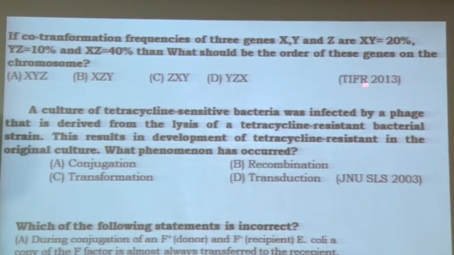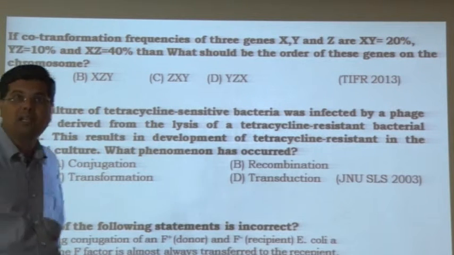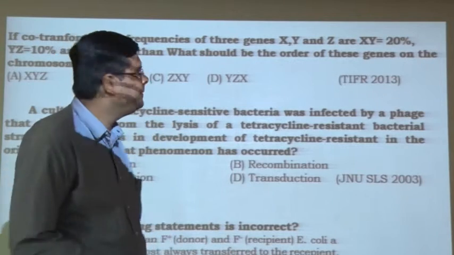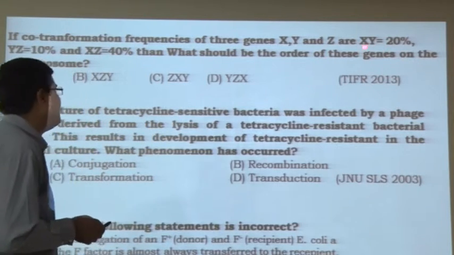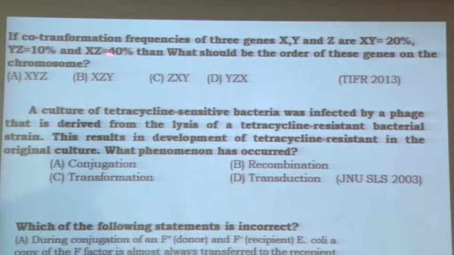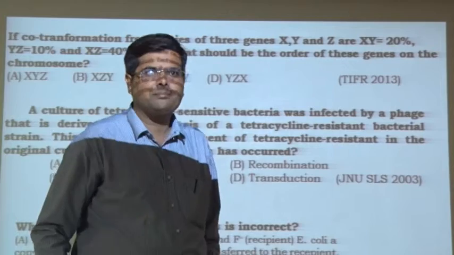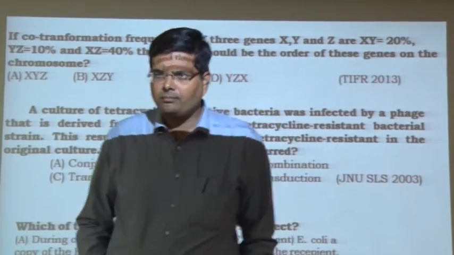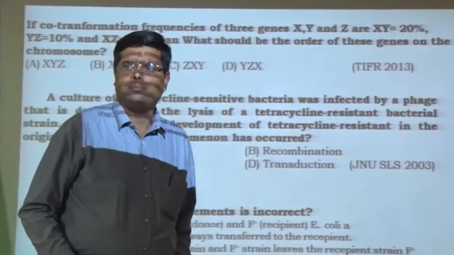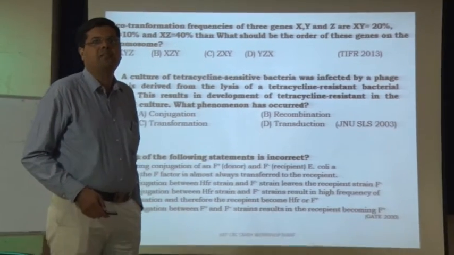This question is asked in TIFR exam 2013, जो लास्ट ईयर एग्जाम हुआ था TIFR का, उसमें ये क्वेश्चन पूछा गया है. Co-transformation frequency for XY is 20%, YZ 10% and XZ 40%. Then what should be the order of these genes on the chromosome? Calculate. I am giving you 2 minutes. चलो फटाफट. Give me the answer within 2 minutes.